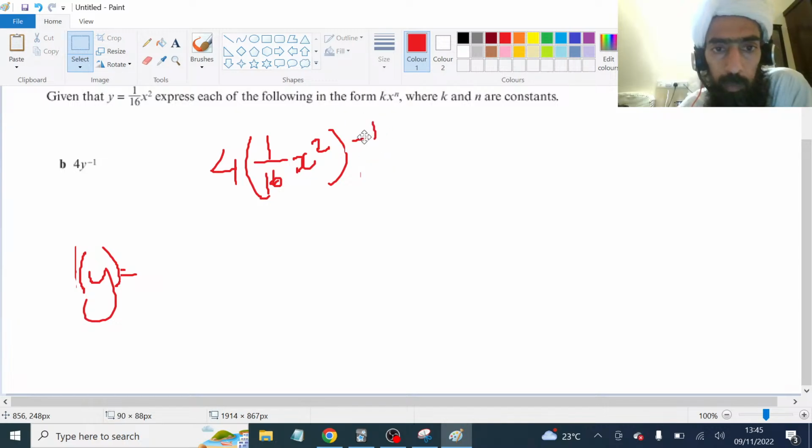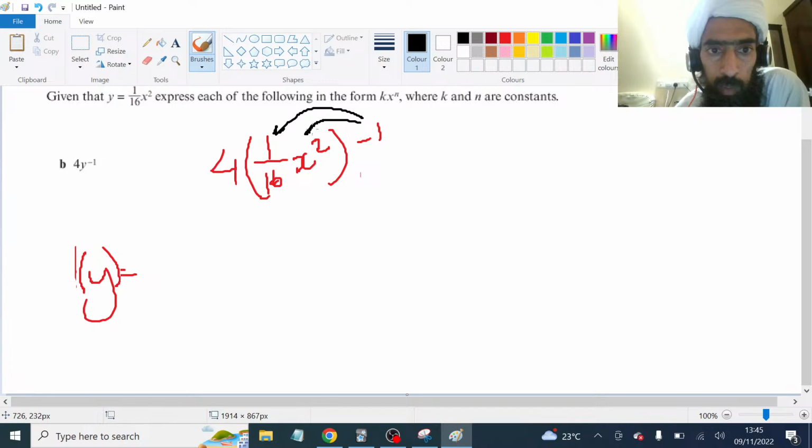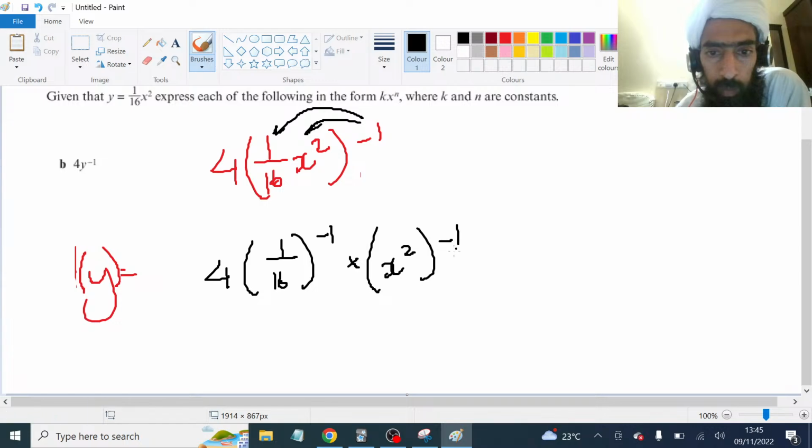Then same thing as before. The 4 here is separate, that can stay on the outside, but the power minus 1 needs to be applied to each thing separately. So we have 4, and then we've got 1 over 16 to the power minus 1 times x squared to the power minus 1. Power minus 1 means 1 over, or with a fraction it just means you flip it.